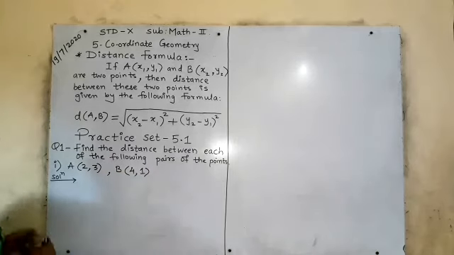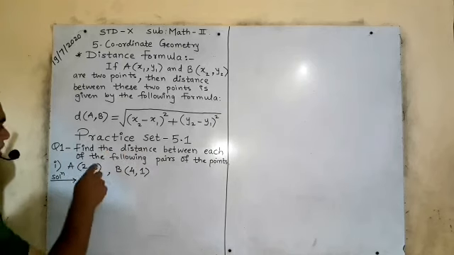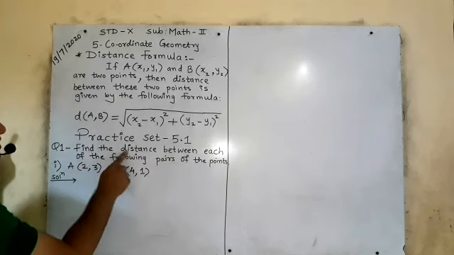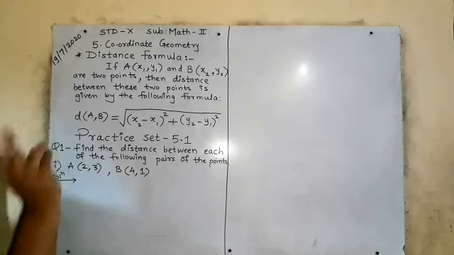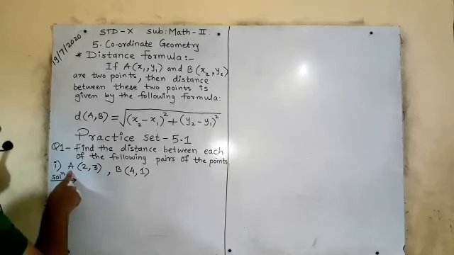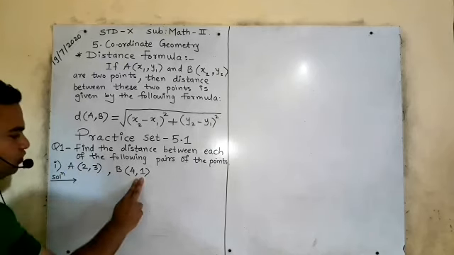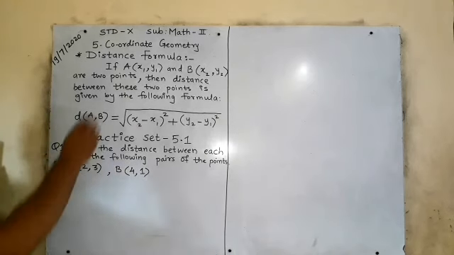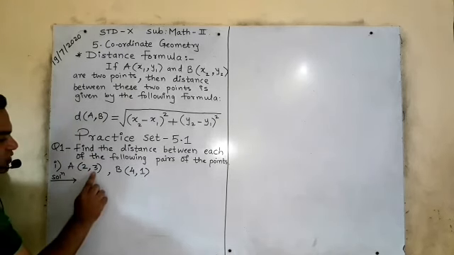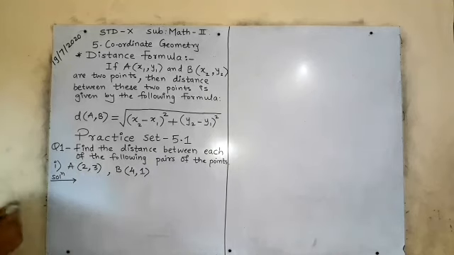Now I will teach you one example of practice set 5.1, find the distance between. When I read find the distance, I know the distance formula of 9th also and 10th also, but here in 10th a single point has two coordinates, A has two coordinates, B also has two coordinates. As I have said earlier, this one is x1, this one is y1, this will be considered as x2 and y2, so I have to write that over there.